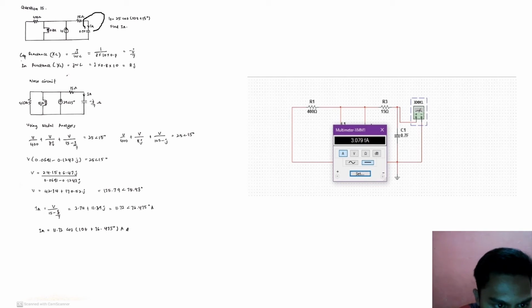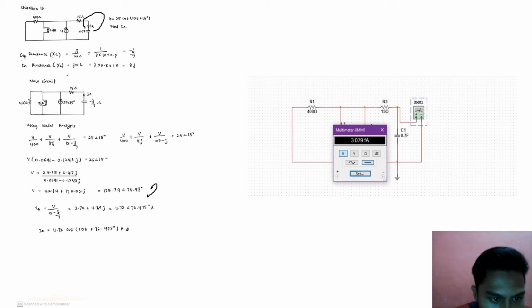So we calculate this, 24.15 times 6.47j, divided by 0.0691 equal to 0.1243j. So we calculate the sum and get the answer.